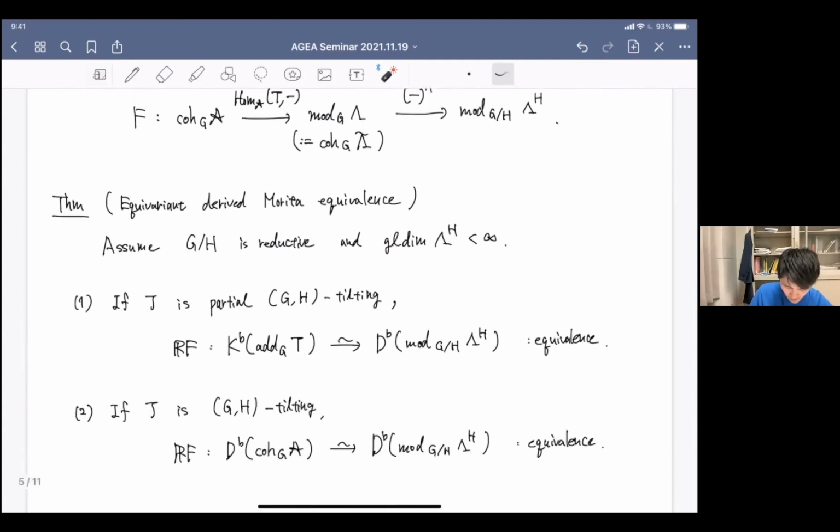And moreover, if T is GH tilting, then this right derived functor induces an equivalence between the bounded derived category of G-equivariant coherent A-modules and the bounded derived category of finite degenerated G over H equivariant lambda H modules.